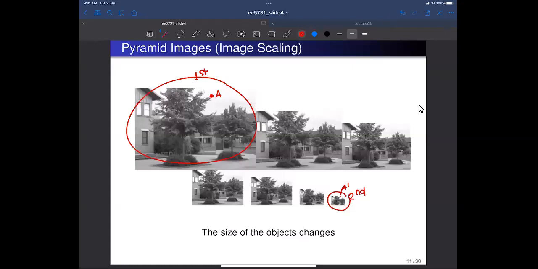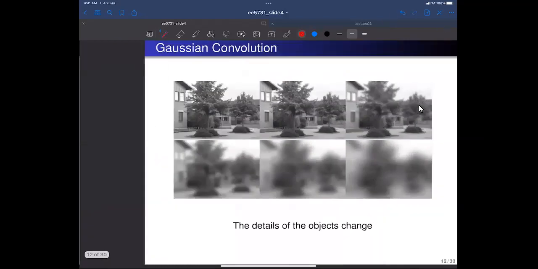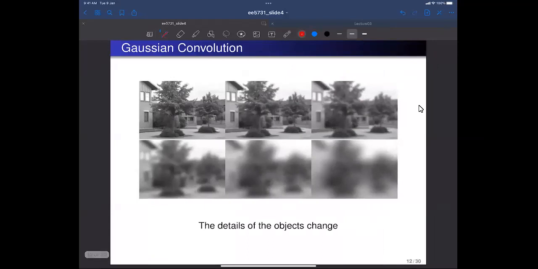So here, aside from scaling down the image, we also need to blur the image to mimic what is exactly happening in the world. So we need to do Gaussian convolution with different sizes, or different standard deviations, of the kernel. Here we use Gaussian kernels, so that's why this is called Gaussian convolution.